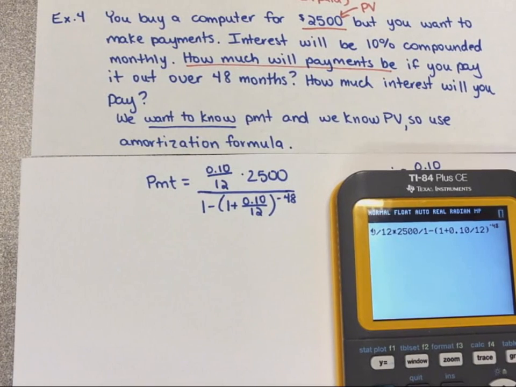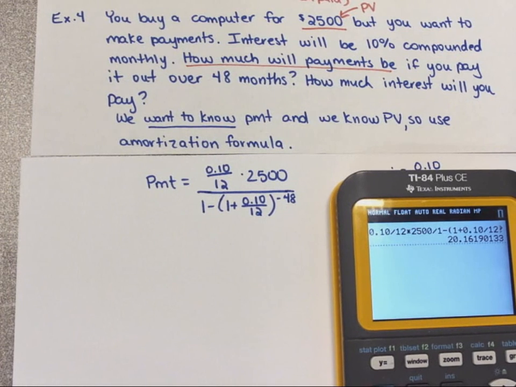Okay. So I got this answer. And so I am hoping on the test or the review or whatever that you think, that's not right, right? Like $2,500 paid out every month, that's too low, right? So what did I forget? I forgot my parentheses, right?